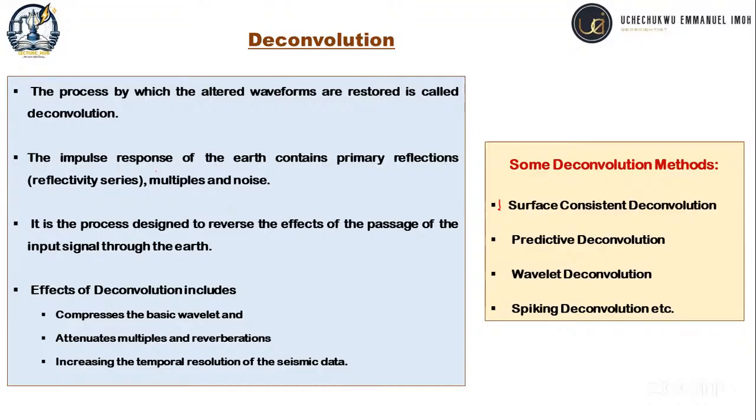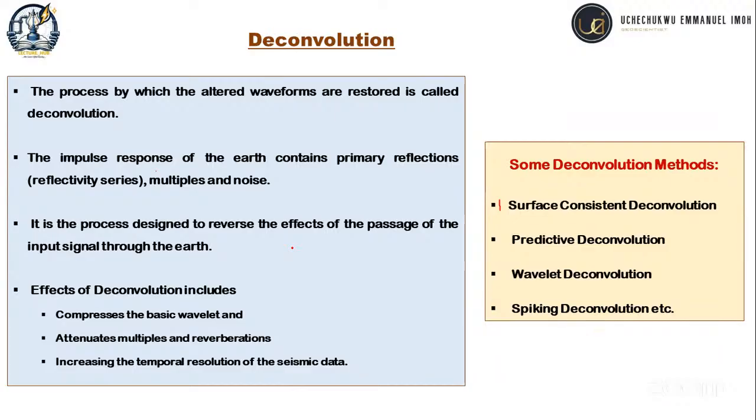Then what is the effect of doing the deconvolution? When you do the deconvolution on your data, you are going to compress the basic wavelets. You're going to attenuate the multiples in the data, because deconvolution helps in multiple attenuation and reverberation attenuation. Then the resolution of your data will be improved. So remember when I showed you that initial stack section, one is good processing, one is great processing.